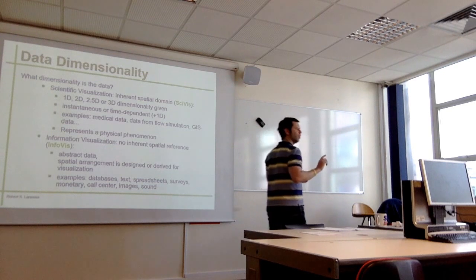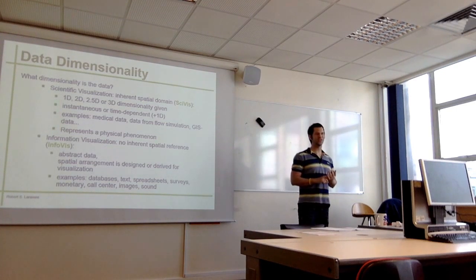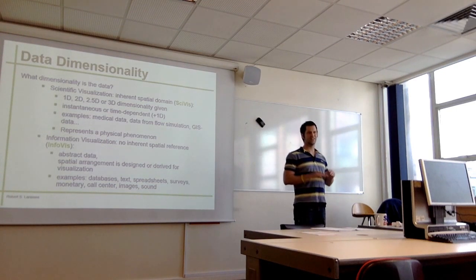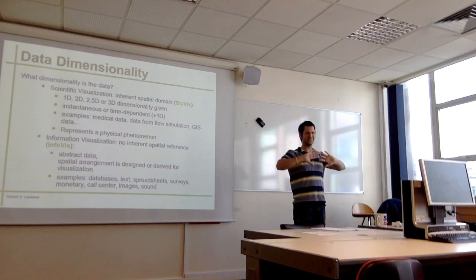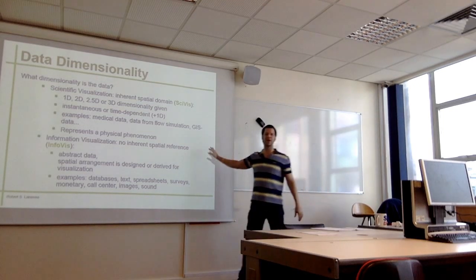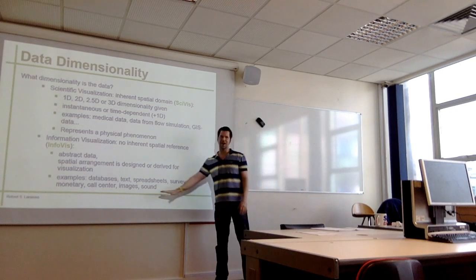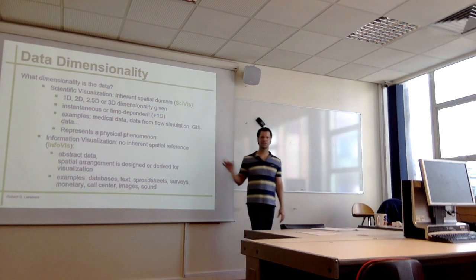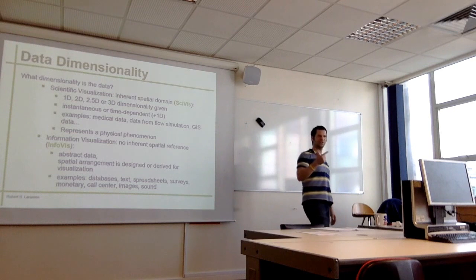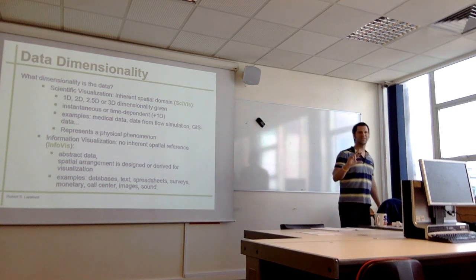So the 1D is a line. 2 dimensions is a plane, like a flat surface. So this screen is 2-dimensional. We say it's like an x-axis and a y-axis. So we have 1D is a line, 2D is a plane, and 3D.